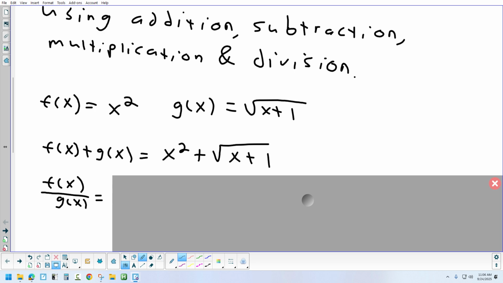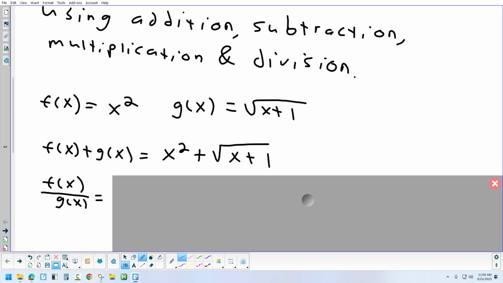How would you write f of x divided by g of x? Is it not just how it's written right there? Well, pretty much. What do you think is going to be under this box? f of x under g of x? That's honestly what I think is under that box. Okay, at least you're being honest. I just think it's going to be the same thing.